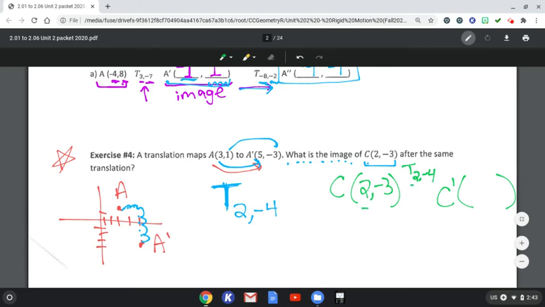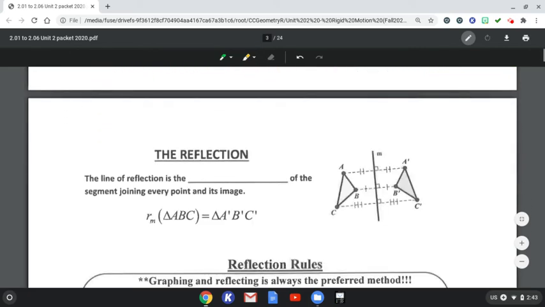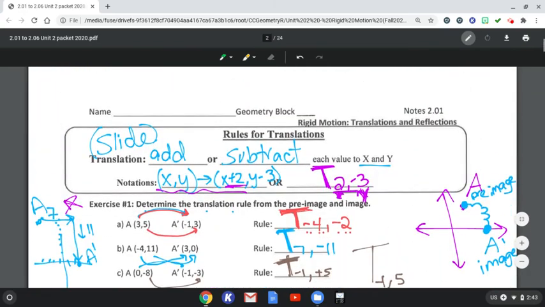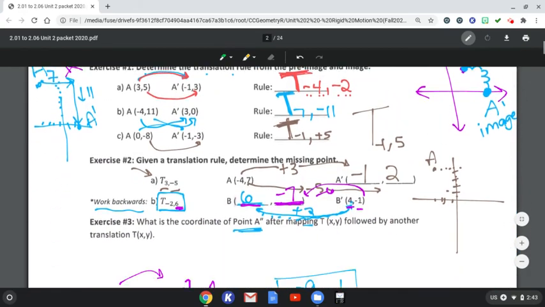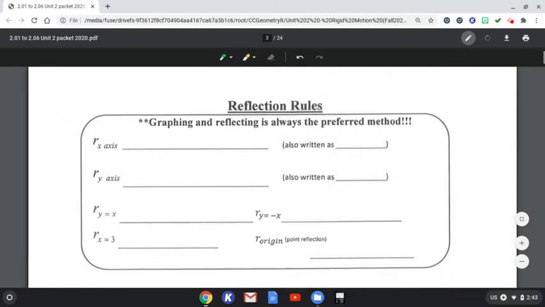So 2 plus 2 for the x values gives us 4, and -3 minus 4 more is -7. So we took the ordered pairs for A and A prime to determine the translation rule. Then we applied that rule to the new point C to find C prime. That's really all that we're going to say about translations. So again, it's just adding and subtracting to your x and y values, moving up, down, left, or right.